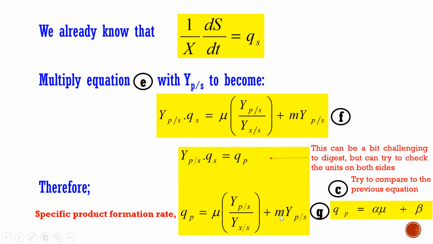So the idea is to relate this substrate utilization mass balance equation with this Luedeking-Piret. So why we are doing this? Because we want to relate what is alpha and beta. You know, so this relationship basically gives you an idea that alpha is equal to this, while beta is equal to this. Okay.